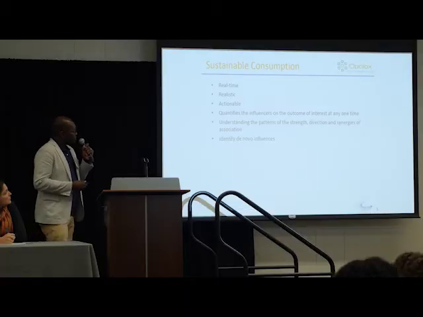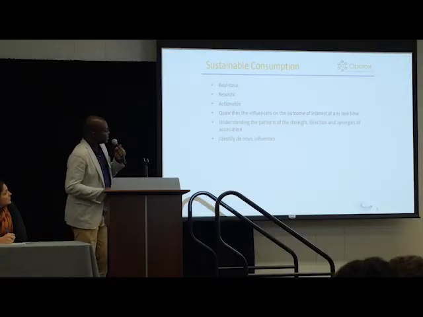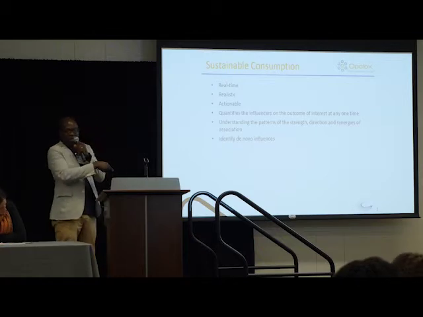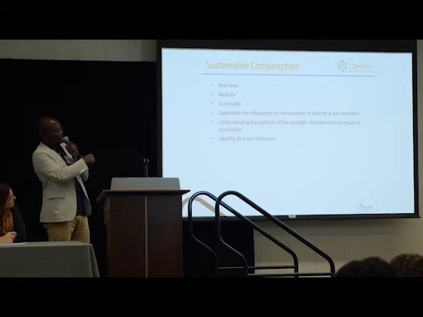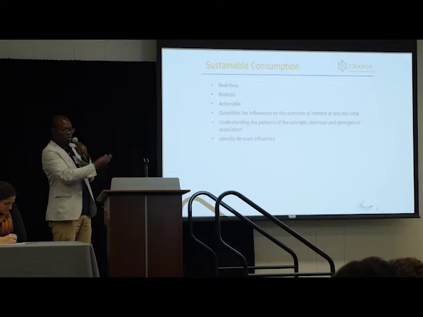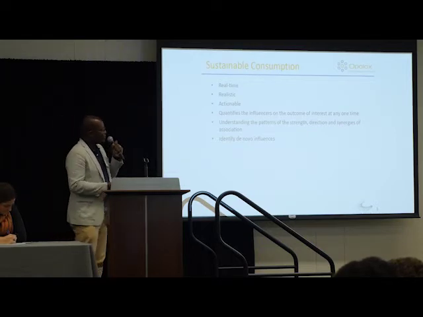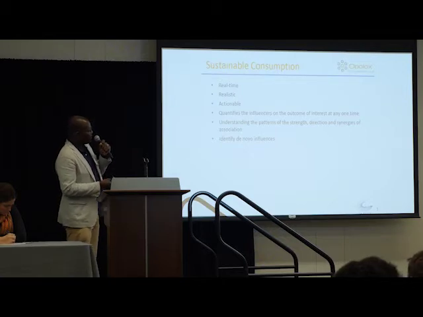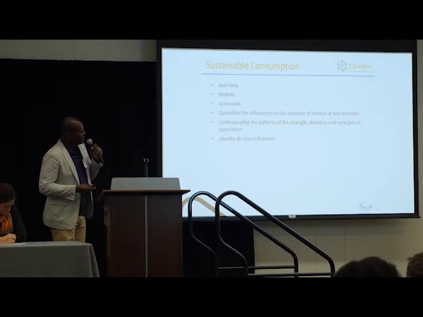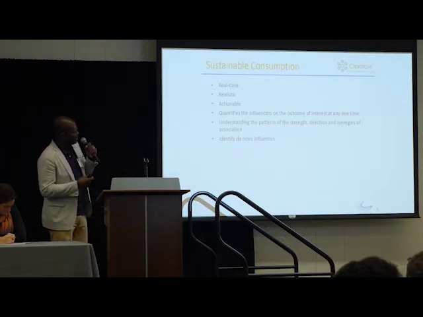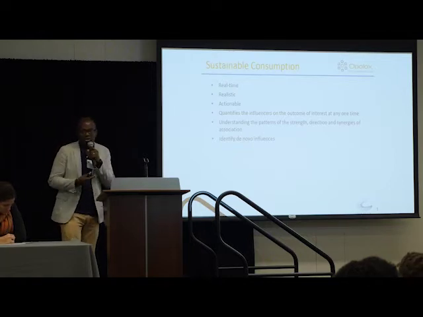So what we're looking at is the ability to quantify influences. When I say influences, I mean different data in terms of population, weather, production prices, etc. So the ability to understand the influences on the outcome of interest at any one time, as well as understand the patterns, strength and synergies of association, those are key.